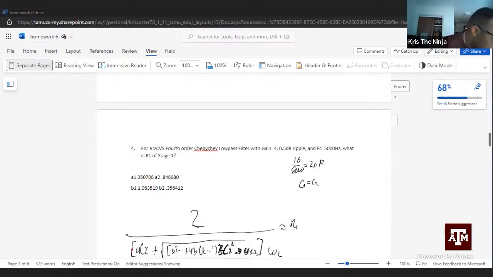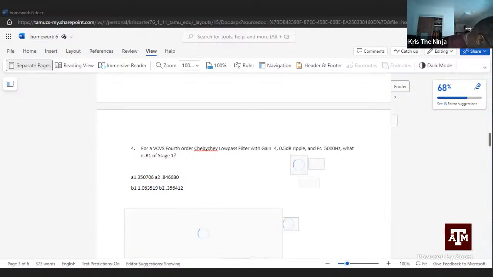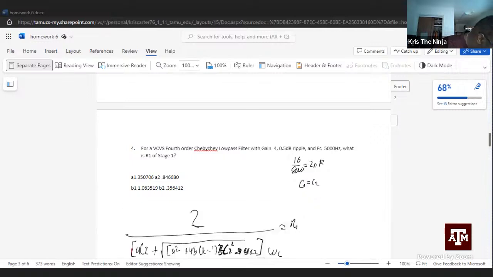That's multiplied by C2 squared, and that's minus 4 C1 times C2. That ends our brackets, and then that's multiplied by all that over 2.